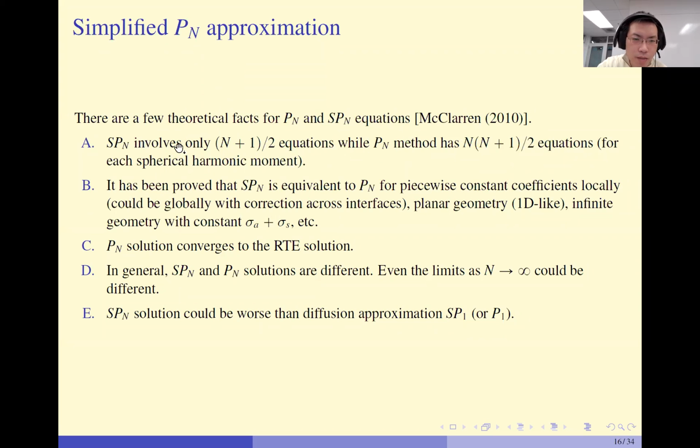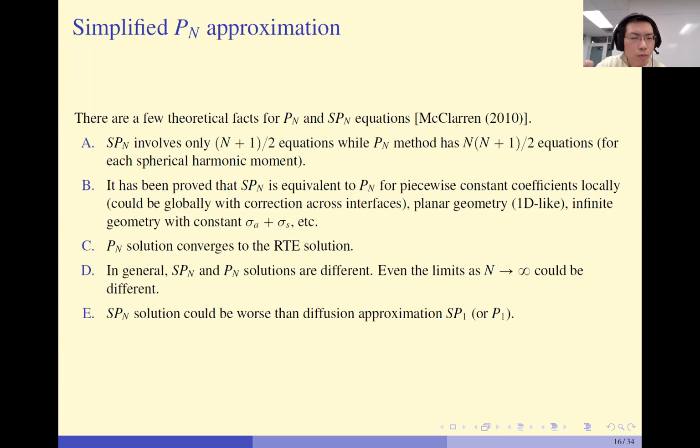But for SPN, it is not known for what kind of case to derive a precise criterion to show the SPN model is approaching the true model. We can only show that the simplified PN model is equivalent to the PN model when the coefficients are piecewise constant locally, for the slab geometry, the layer medium, or infinite geometry if the total absorption coefficient is constant.